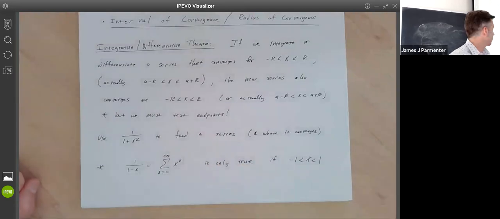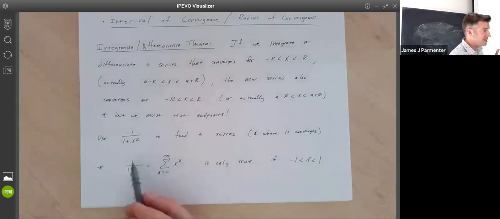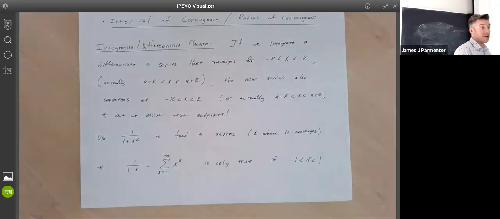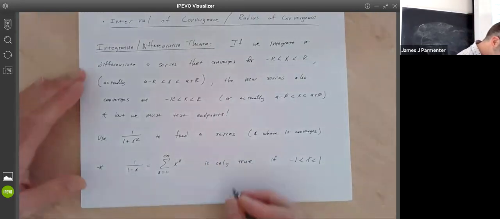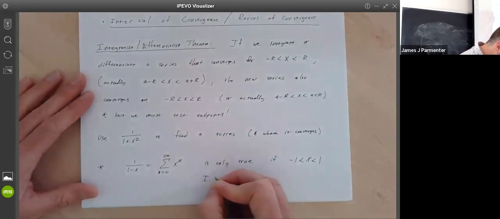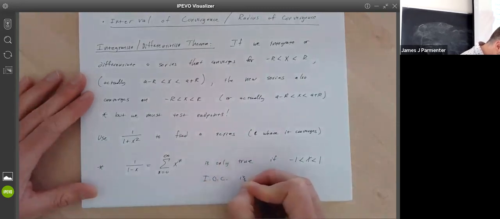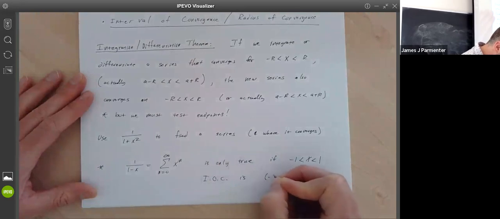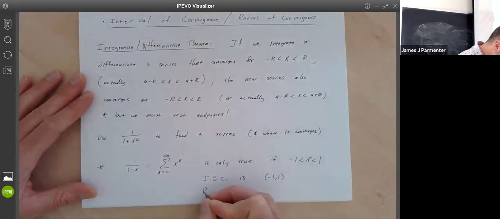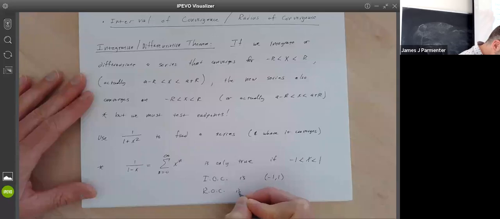Sorry, my x there was kind of stupid because I was trying to write a 1 instead of an x, right? So we can only say this is true on the interval of convergence. So in other words, the interval of convergence is -1 to 1, and the radius of convergence is 1.